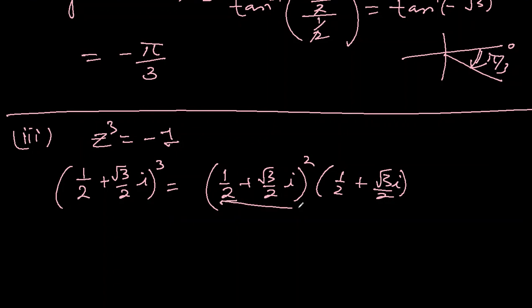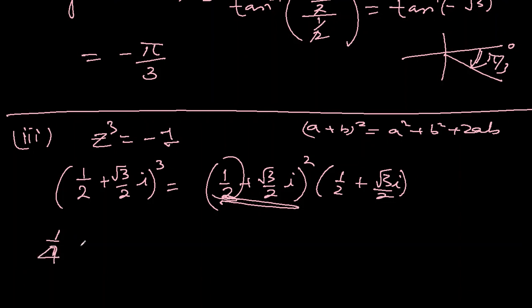Alright, let's open this one first. I will use this identity: a plus b squared equals a squared plus b squared plus 2ab. So the square of half is 1/4.